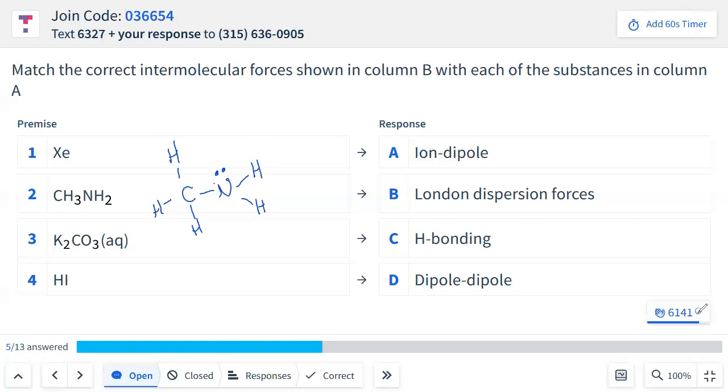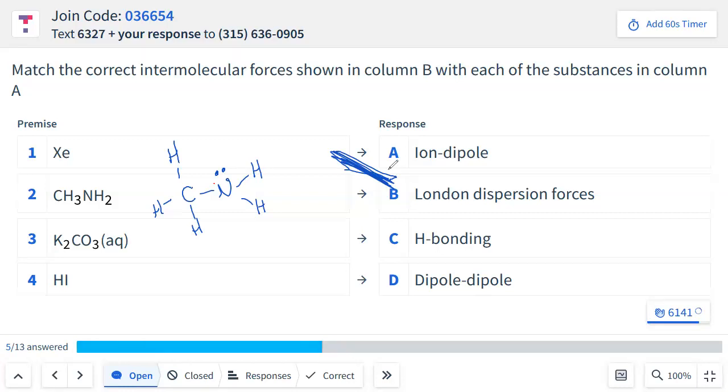Okay, xenon and London dispersion forces. That is a correct matchup. Now, how do we know that that's a correct matchup? Well, all of these other forces rely on polar molecules. To be a molecule, you have to have more than one element.